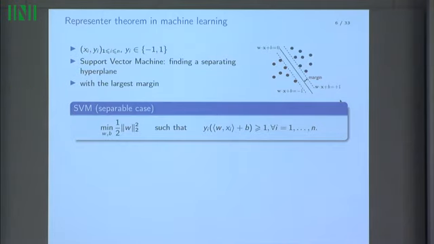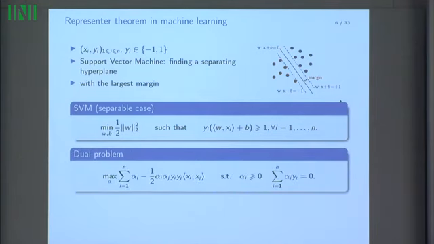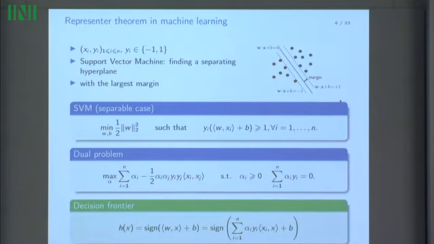Once you have written this problem, you can write the associated dual problem here, with the alpha i as dual variables, and both problems can be solved on a computer because we are in finite dimension. But the nice thing is that the decision frontier that you will use to predict the color of a new point will be linear like this. You will just choose the sign of a sum of linear functions evaluated at the new point that you want to predict as blue or red.